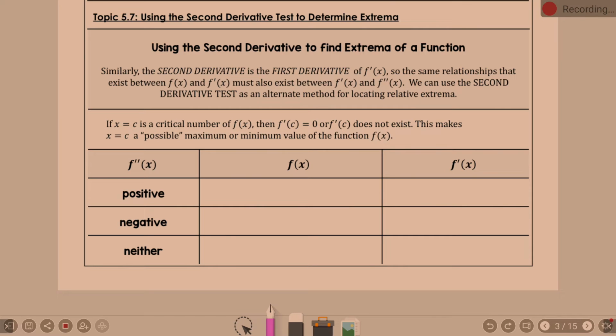So to fill in the chart real quick, if c is a critical number, then the derivative either equals 0 or does not exist. This makes x equals c a possible maximum or minimum value of the function. So what do we know here? If my second derivative is positive, we know our original function is what?